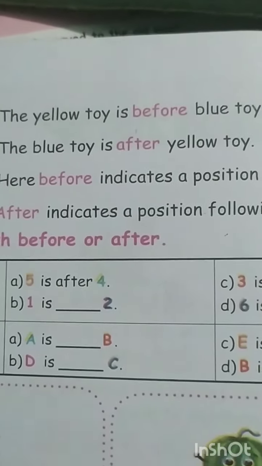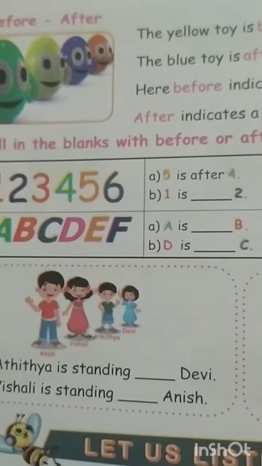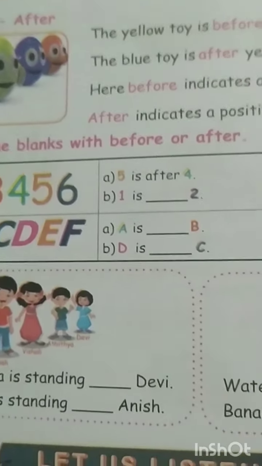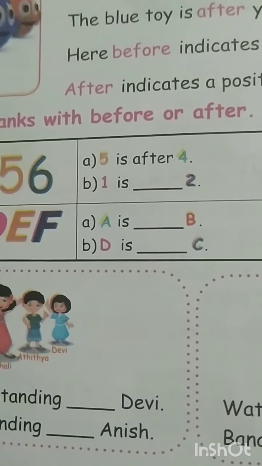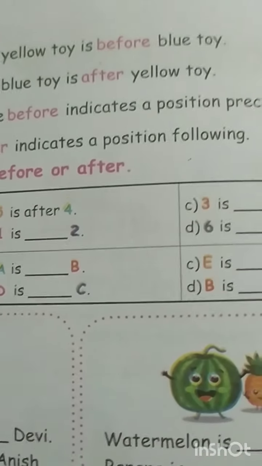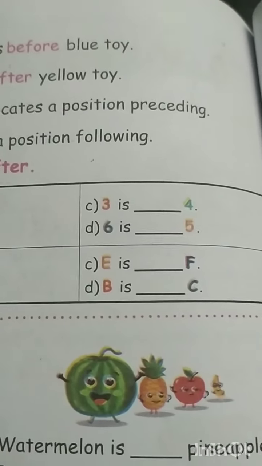Here, before indicates a position preceding, that is first. Preceding means first. 5 is after 4. 1 is before 2. 3 is after 2. 6 is after 5.